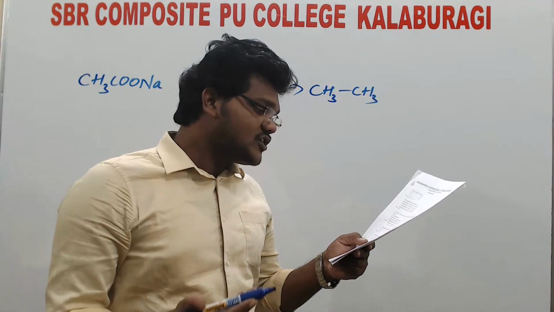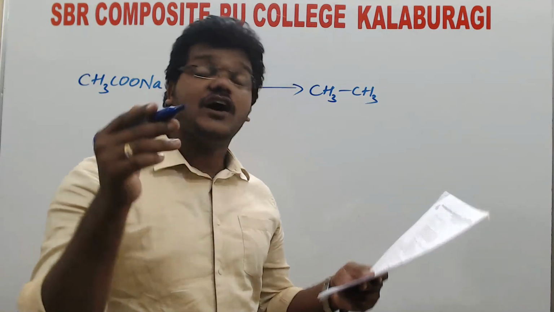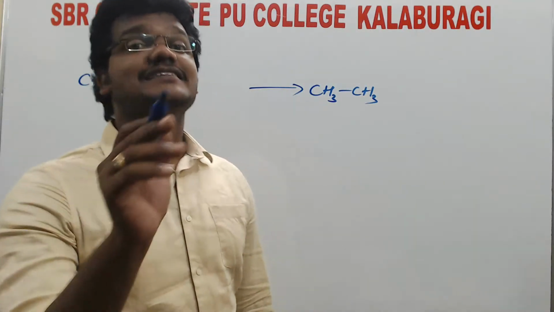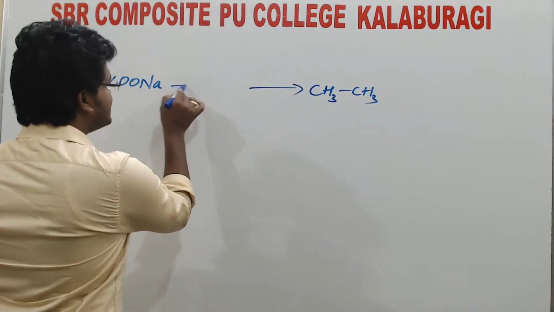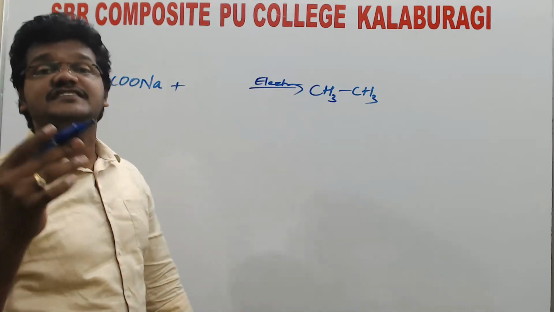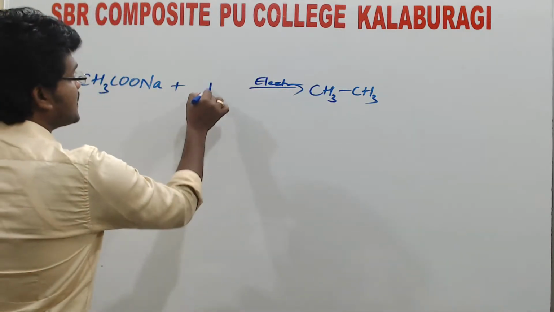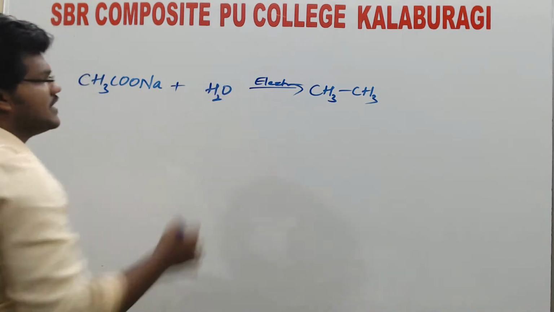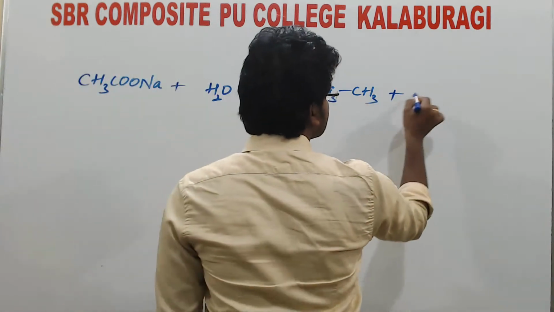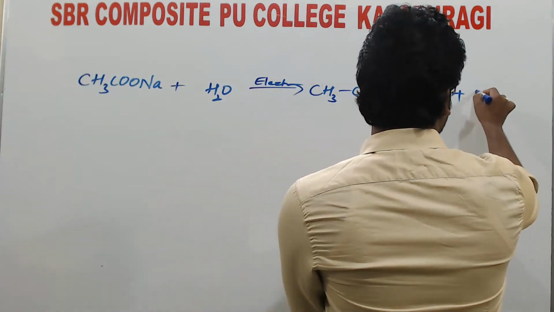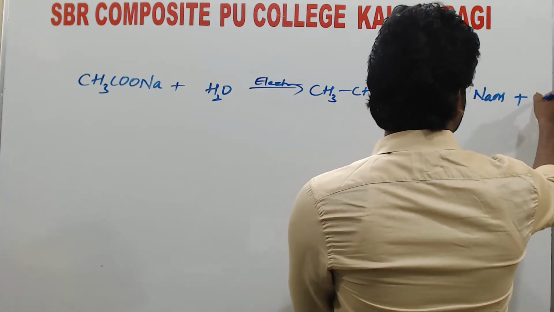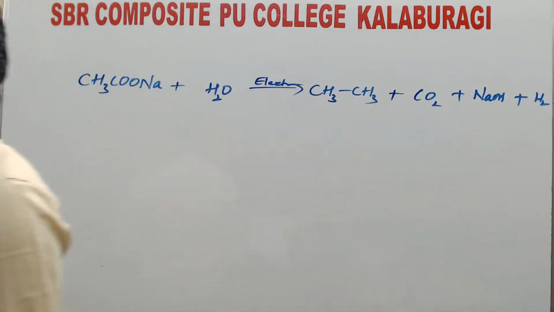Let us go for the next: electrolyzing its aqueous solution, that is, electrolysis in the presence of water. If you are doing so, I am going to get CO2 plus NaOH plus H2.